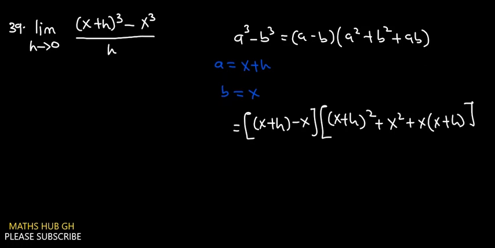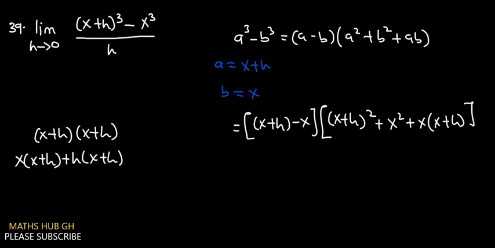So let's focus on the (x plus h) squared. You're going to have (x plus h) multiplying (x plus h). This will give us x squared plus hx plus hx plus h squared, so that's going to be x squared plus 2hx plus h squared.